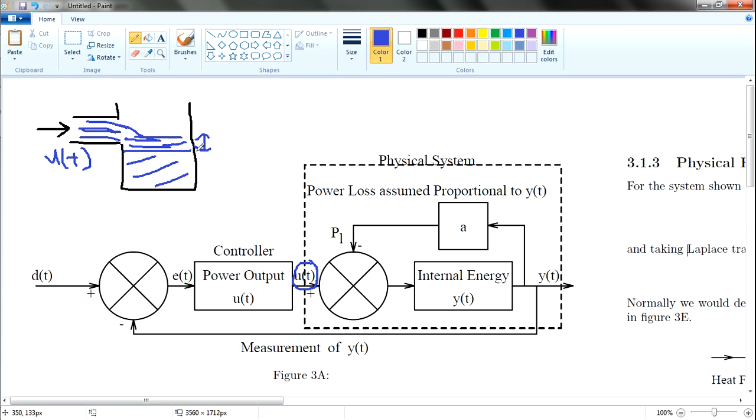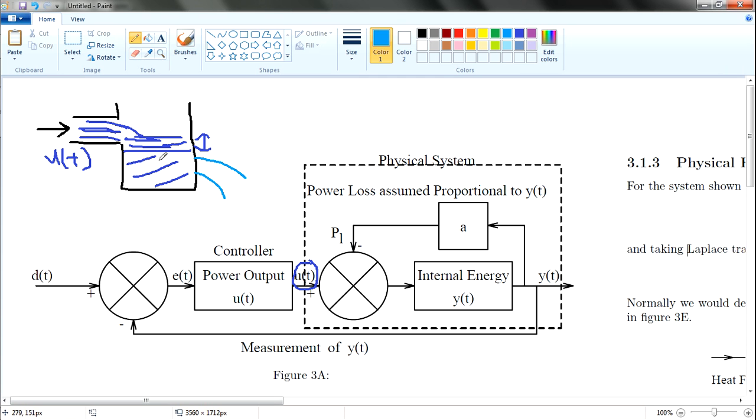And then once you input, there will be certain losses. Maybe, as I say, at some random spots some of the water may flow out, because maybe there are some small holes over there.